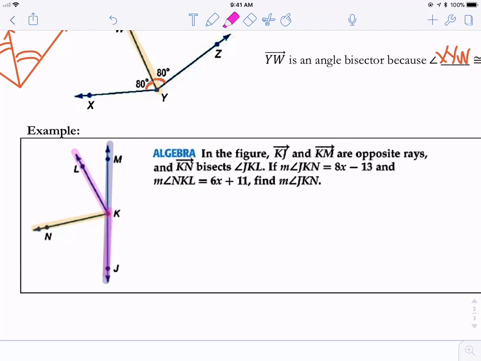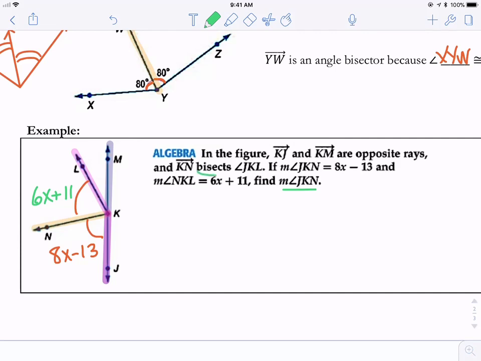JKL is this angle right here. So if it's a bisector, that means that these two angles are congruent to each other. If the measure of angle JKN, which is over here 8x minus 13, and the measure of angle NKL, which is 6x plus 11, find the measure of angle JKN.